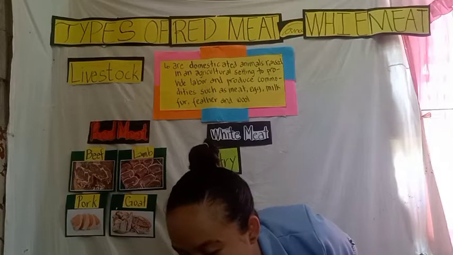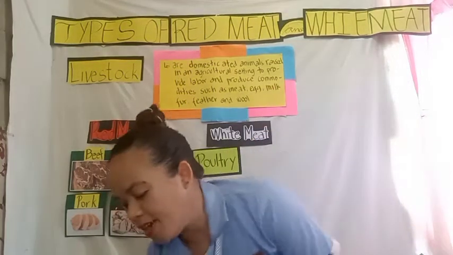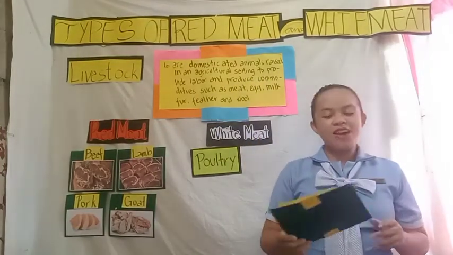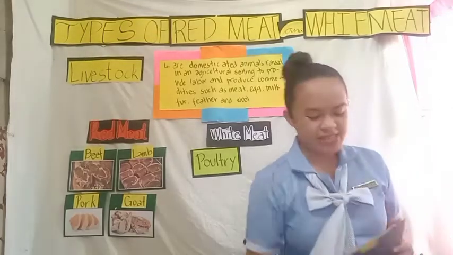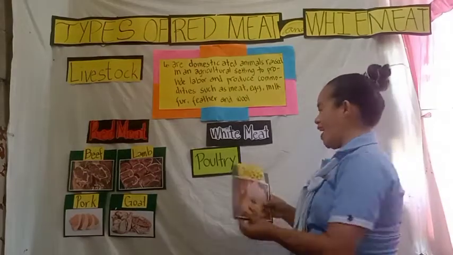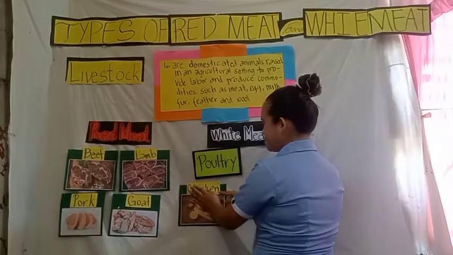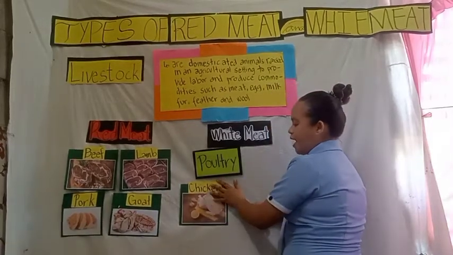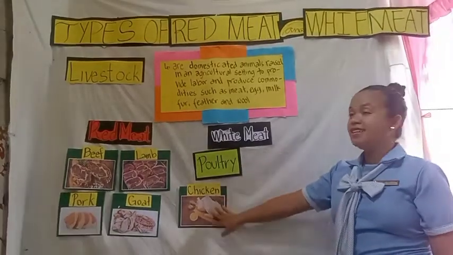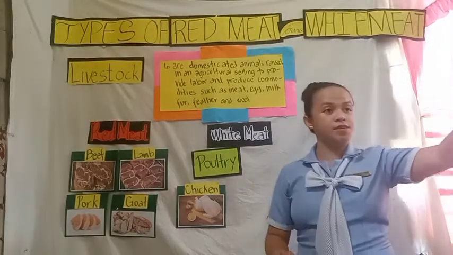So, let's go now with the first one, the very common one and loved by all: the meat of the chicken. For the classification, it is very obvious, all of you have seen the meat of the chicken.